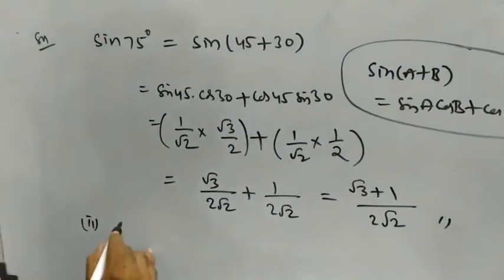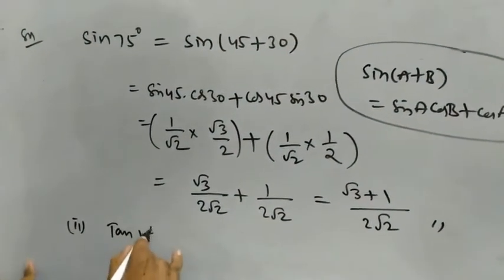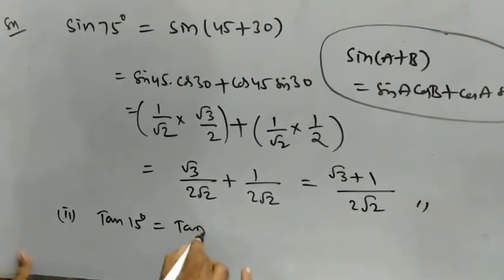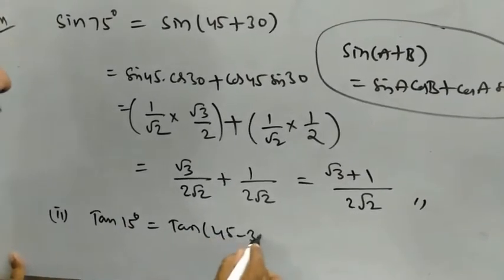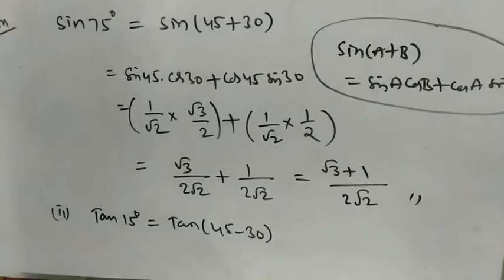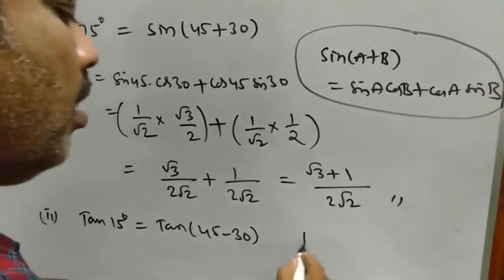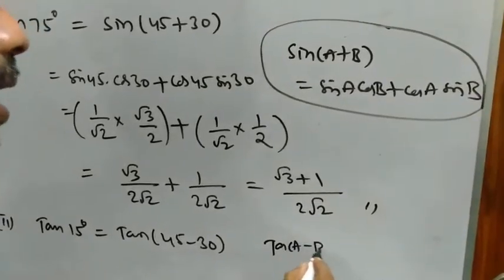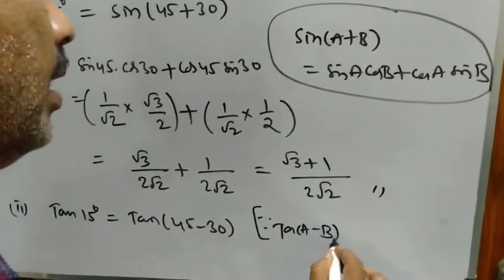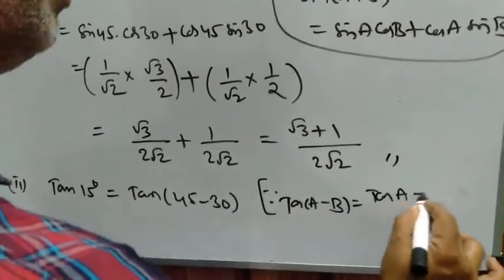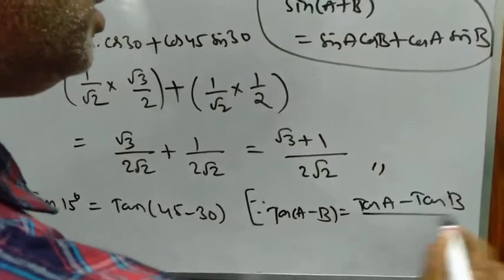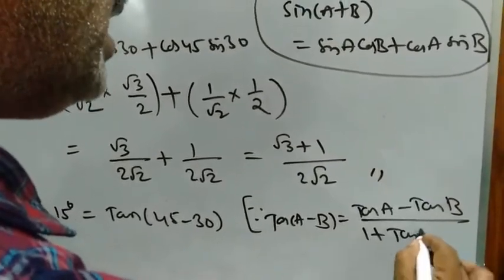Similarly, second problem, tan 15 degrees. So tan 15 can be written as 45 minus 30. That will use the formula tan(A minus B), which means (tan A minus tan B) by (1 plus tan A tan B).